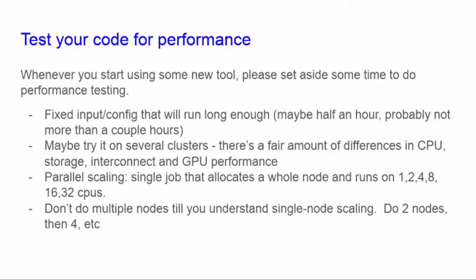Another really important thing, which people sometimes think they should avoid, that it's just not worth doing, is to test your code for performance. Every program has a configuration of peak performance. And if you give it more resources than that peak, the performance of that application will actually go down.